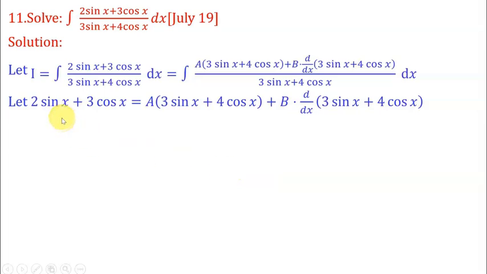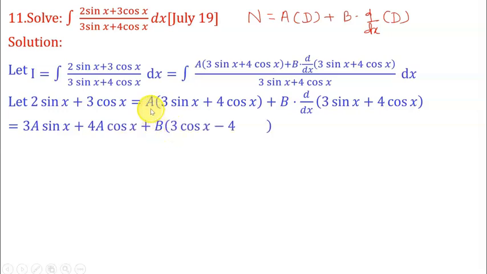That is, the numerator N is equal to a into D plus b into d/dx of the denominator.